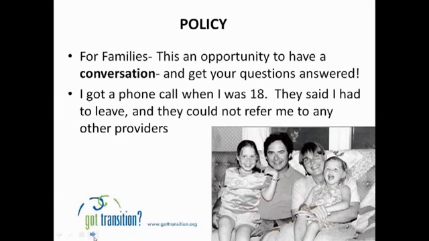So my advice would be to take that panic and turn it into planning and preparation, and use this opportunity to get your questions asked and say, how can I find a new provider if you can't refer me to anybody? Talk to other families you know who may have young adults with special health care needs, and ask who comes recommended. Really get your questions asked and take advantage of this policy. And if your practice doesn't have one, ask them why, and show them that this is a possibility and the resources from Got Transition.